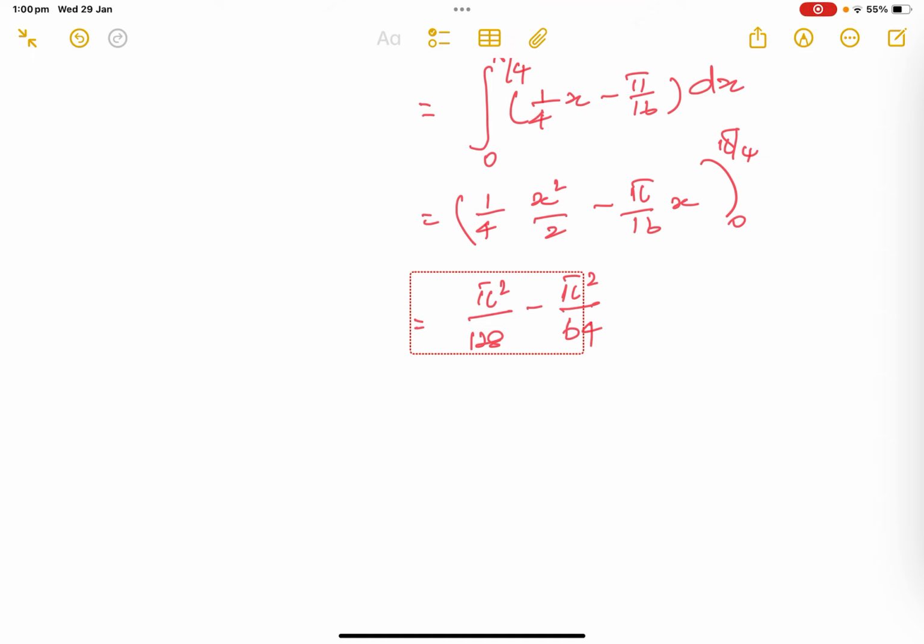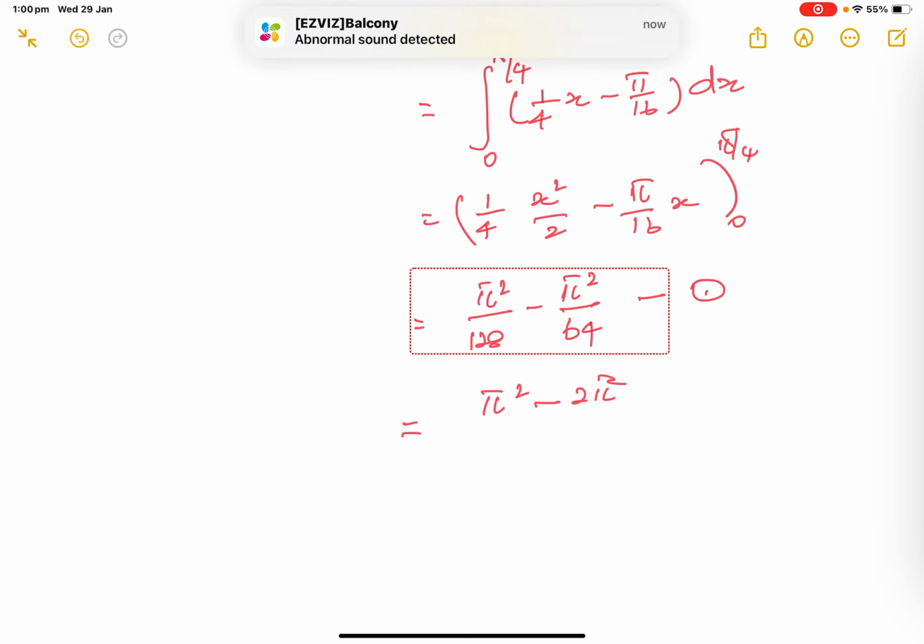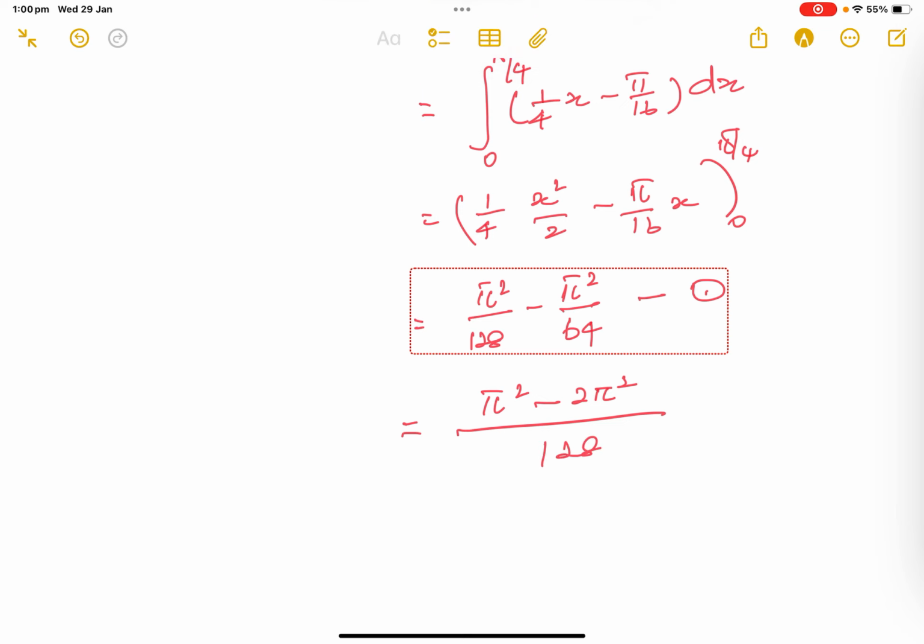And then if you put in the lower limit, which is 0, that will be minus 0. So this is going to be pi squared minus 2 pi squared, 2 pi squared divided by 128, and leave the 0. So the answer is minus pi squared over 128.